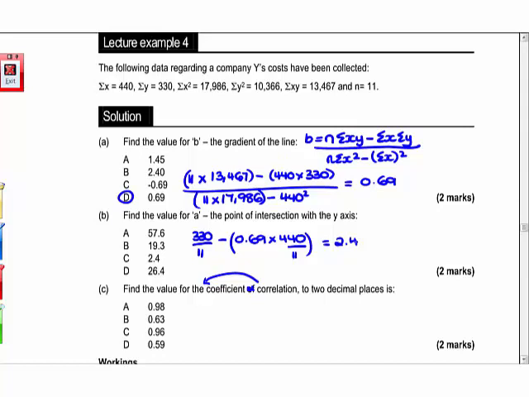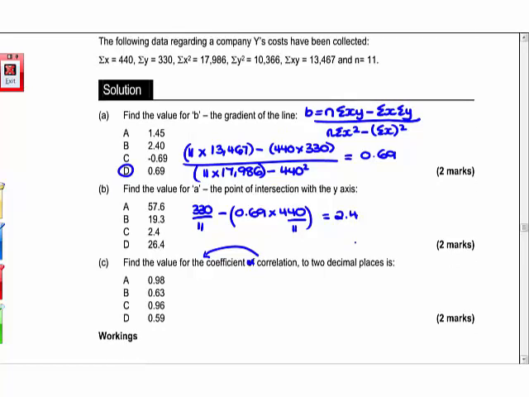Finally we have to work out in C the correlation coefficient. The value for the correlation coefficient is found using the formula for R. So we're looking at the total of the xy column times 11 minus the 440 times 330, the total of the x column times the total of the y column, and divide that by this massive square root.